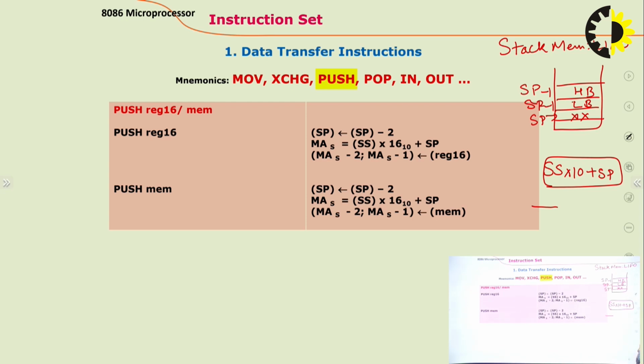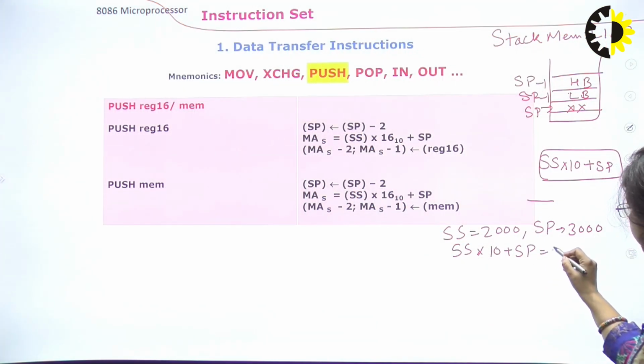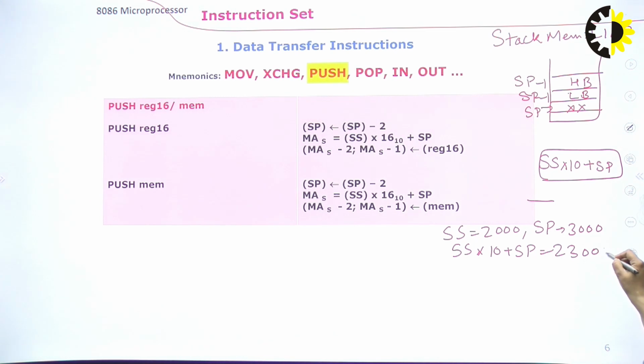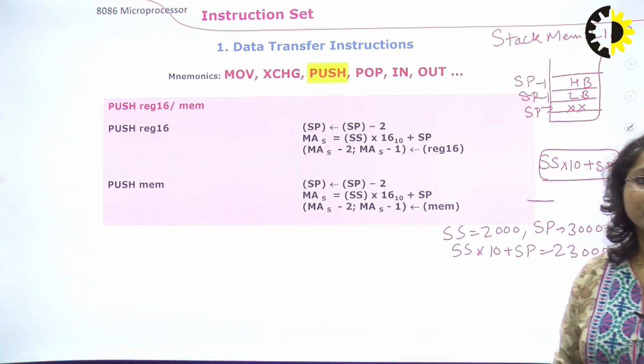So if we say that the stack segment is 2000 and the stack pointer is 3000, then the physical address will be 23,000. So 23,000 points to a memory address.